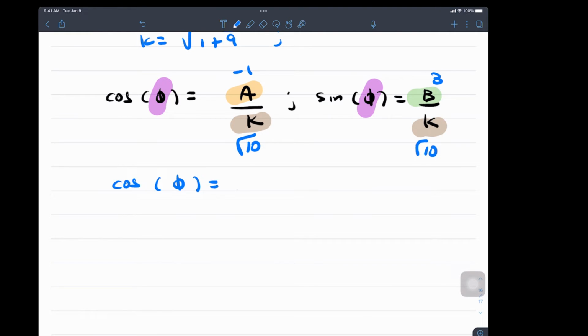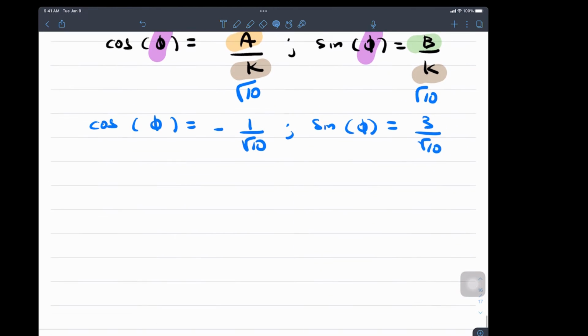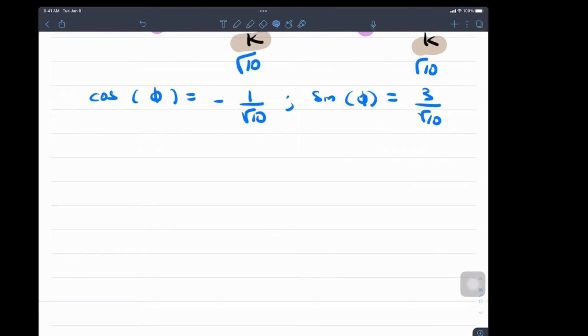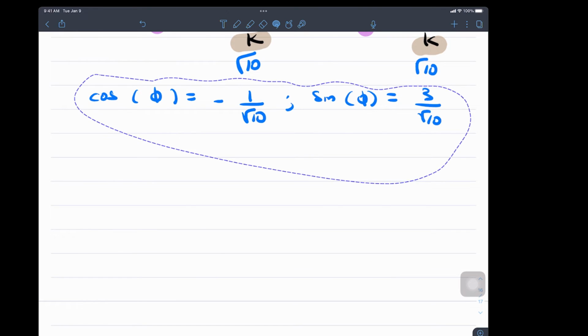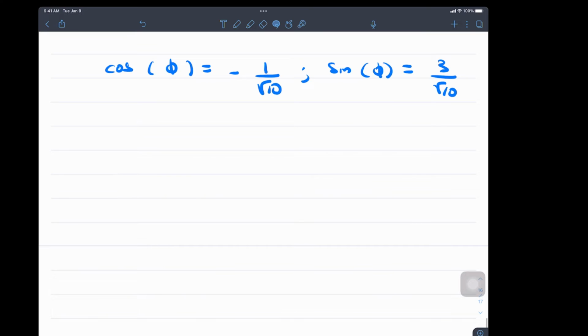Cosine phi is negative 1 over the square root of 10. Sine phi is 3 over the square root of 10. Okay, cosine's negative. Sine's positive.